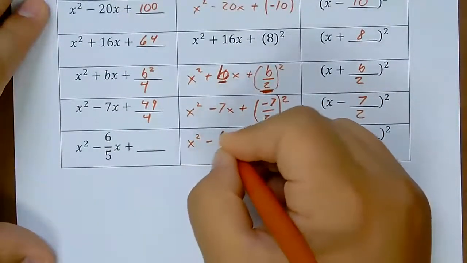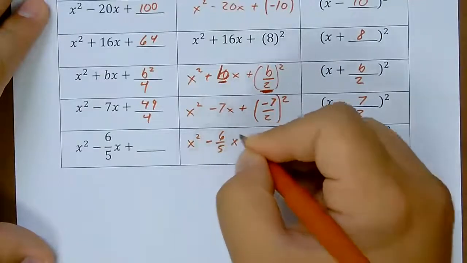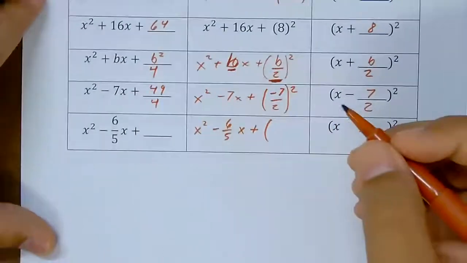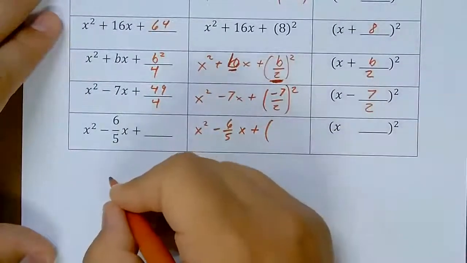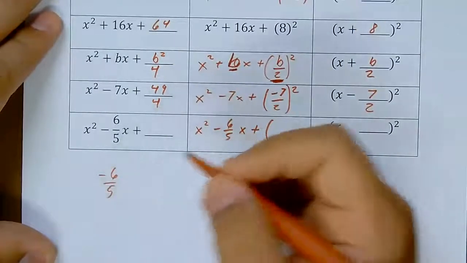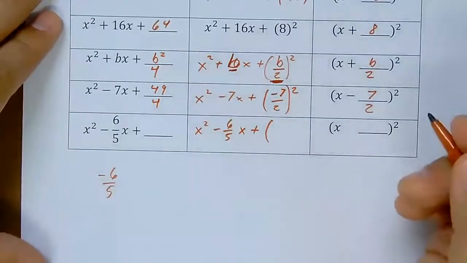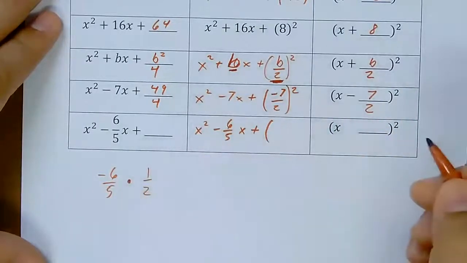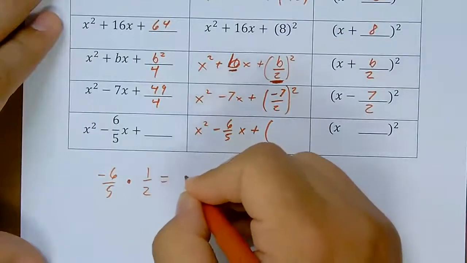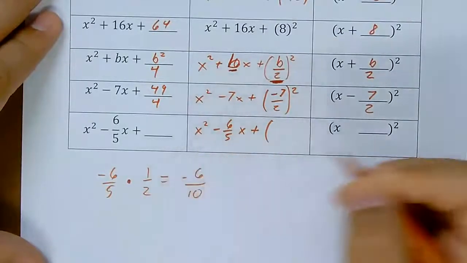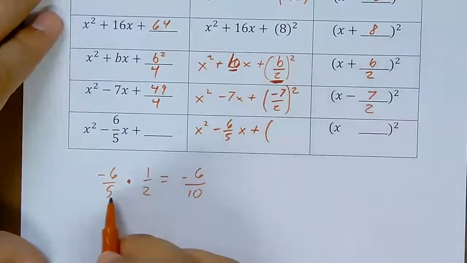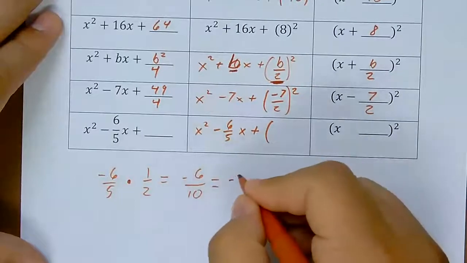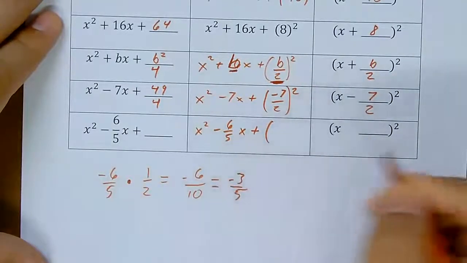Now this last one's a little tricky. We have x squared minus 6 over 5x plus, okay, what's half of -6/5? Dividing it by 2 isn't necessarily the easiest way to think about it. Instead, we're going to multiply this by 1 half, which equals -6 over 10. So you can always double the denominator and it'll cut the whole thing in half. But we need to simplify it to -3 over 5.